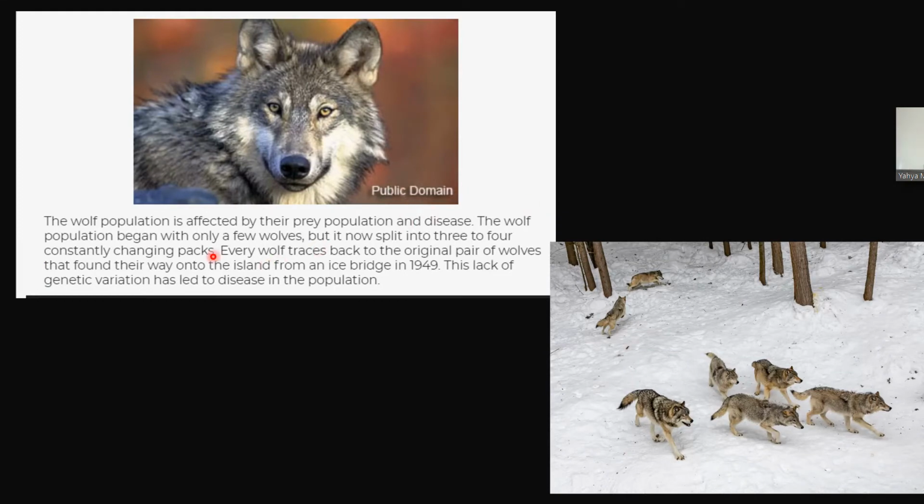So the wolf population is affected by their prey population, as we saw in the previous graph, and by disease. One of the things is that there's not much genetic variation in this particular place, I think in Michigan. If there's not much genetic variation, then when a disease hits a population, it doesn't hit everybody the same.